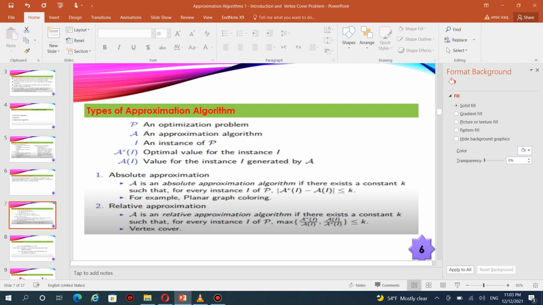For example, planar graph coloring. I will not talk about this type of approximation in this presentation.